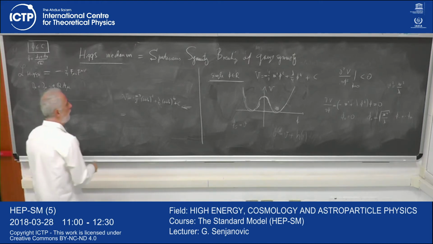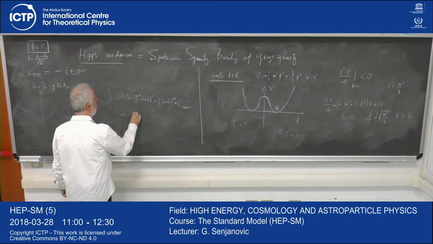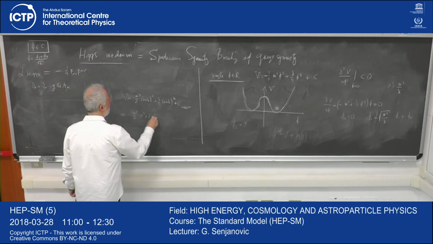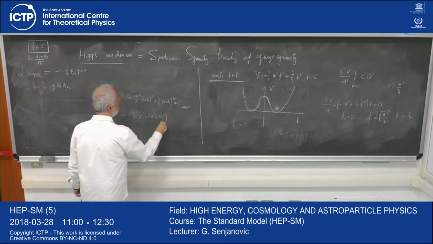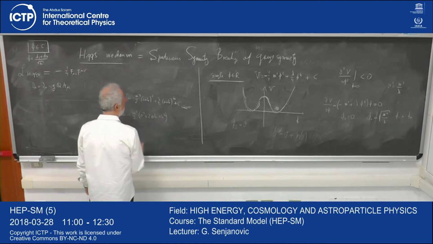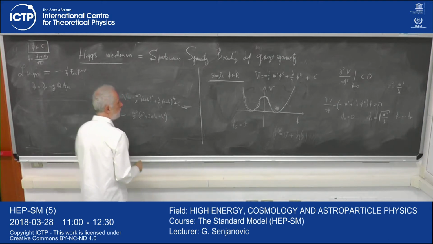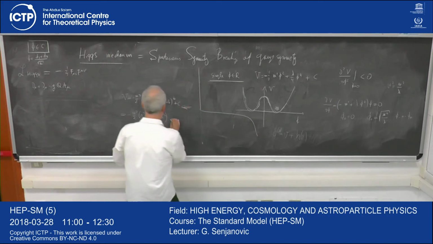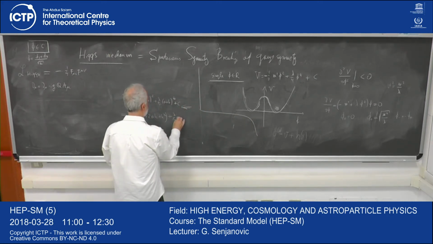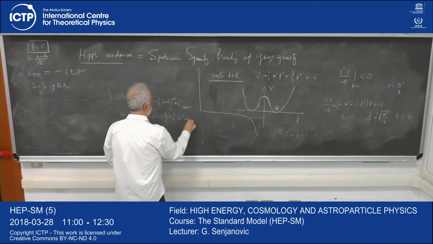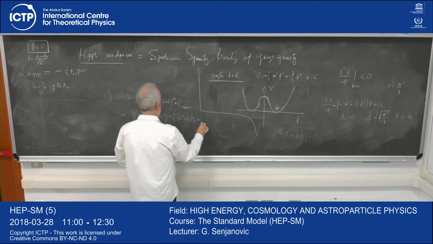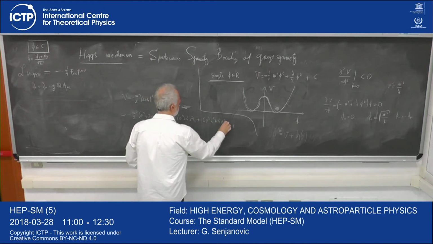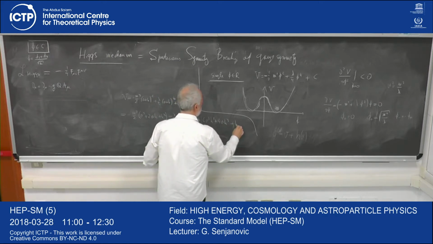I'll have a more elegant way of dealing with that. So what I will have is minus m squared times (v squared plus 2vh plus h squared), plus lambda over 4 times (v to the fourth plus 4v cubed h plus 6v squared h squared plus 4vh cubed plus h to the fourth).